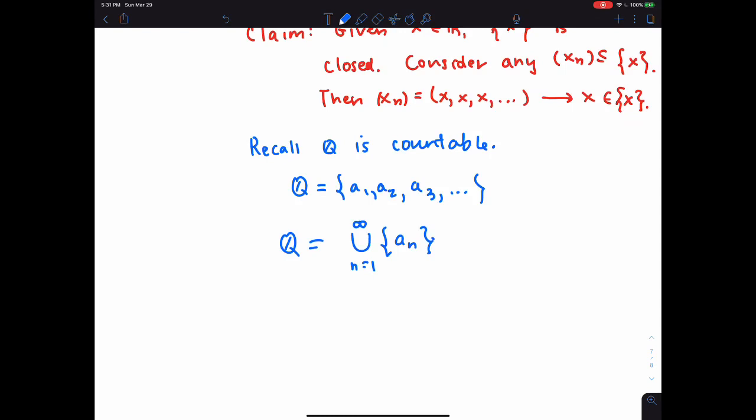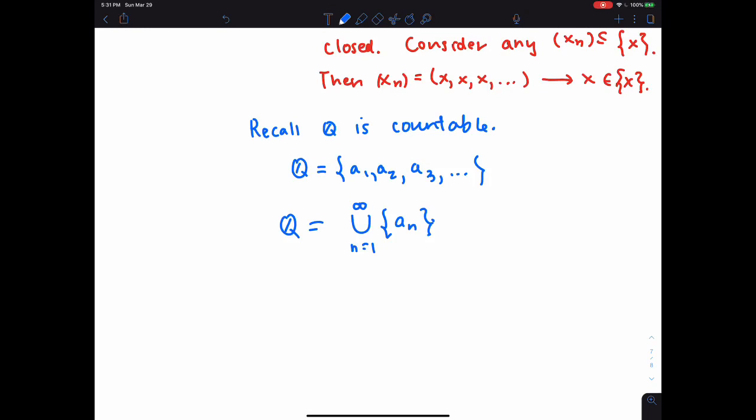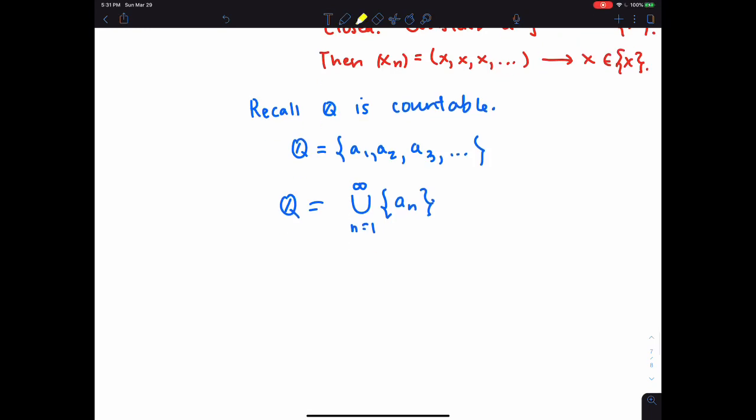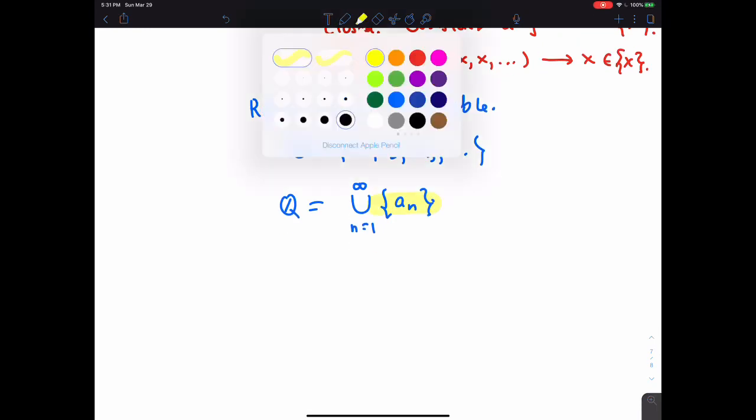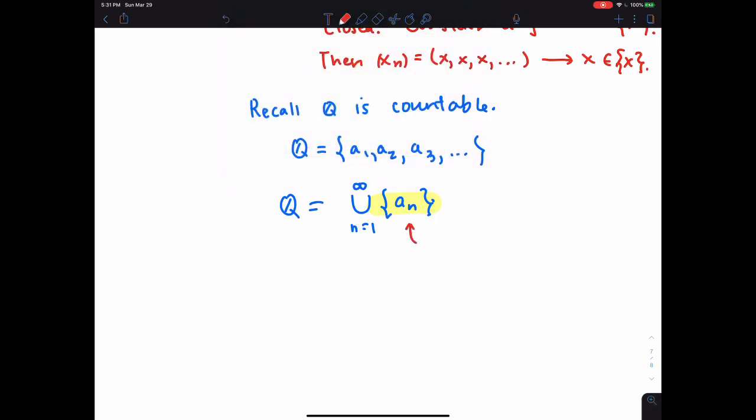These two sets are the same. Take every q_n, put them all together, and I have all of Q. But according to our claim that we just showed, these individual single point sets have to be closed. And what you'll show for homework is that Q is not closed. The key here has to do with the fact that Q is dense in R.